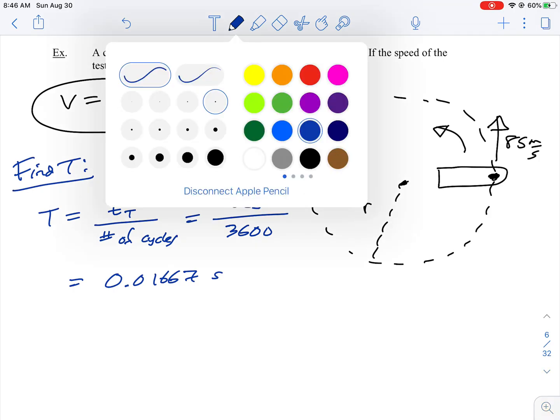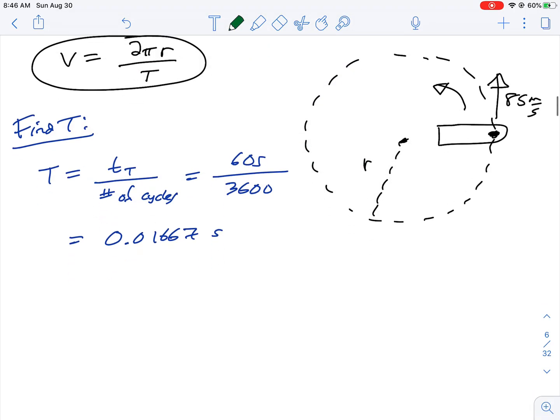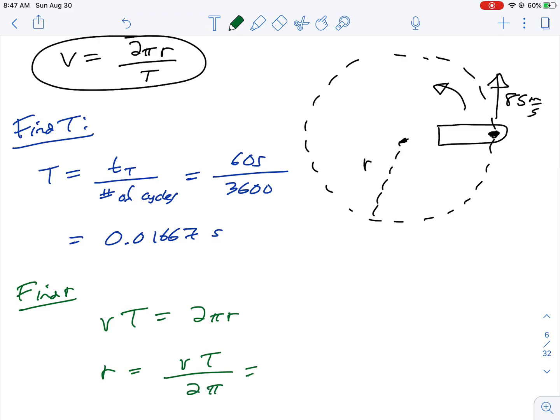Okay, well now we can figure out the radius. That's our next job, is to find R. So we cross multiply, we get V big T equal to 2 pi R. Therefore, R becomes equal to V big T over 2 pi. So the speed was 85. The period 0.01667 all over 2 pi.